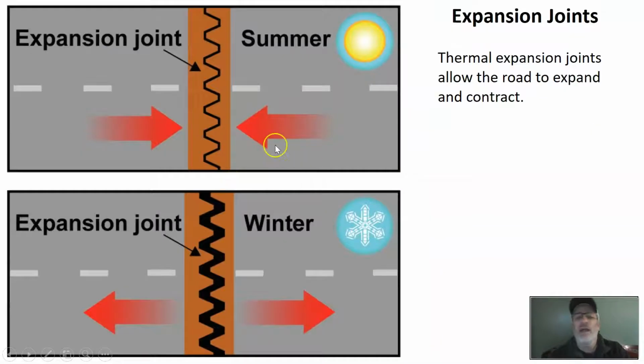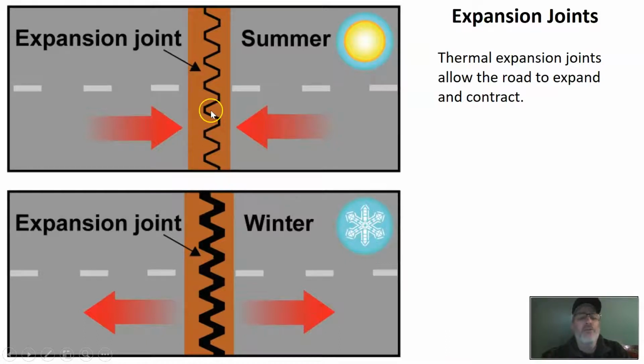The idea behind an expansion joint is that it's going to allow the roadway itself to expand and contract. Thermal expansion joints are really about expansion during the summer when it's hotter, right? Because when we heat things up, things are going to get slightly bigger, and it's going to contract in the winter.